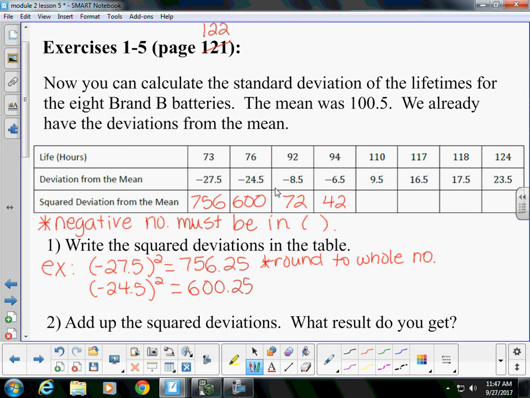Now I'm not going to use parentheses anymore. 9.5 squared is 90.25, so just 90. 16.5 squared is 272 when I rounded. 17.5 squared is 306 when I round it. And 23.5 squared comes out to 552 when I round it.